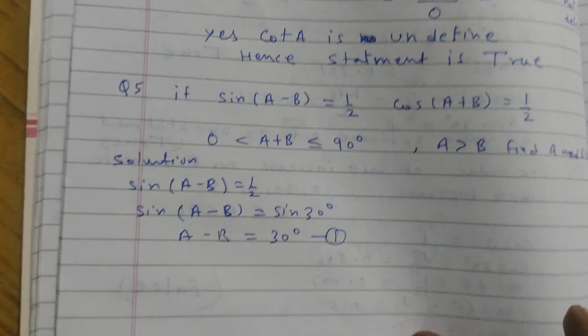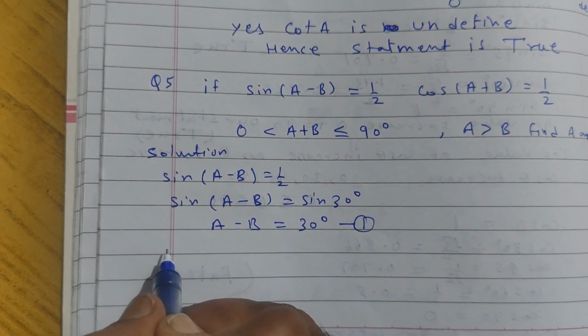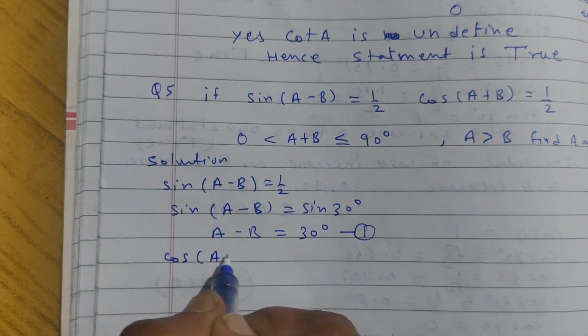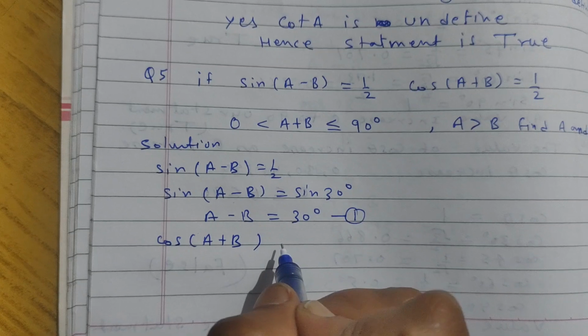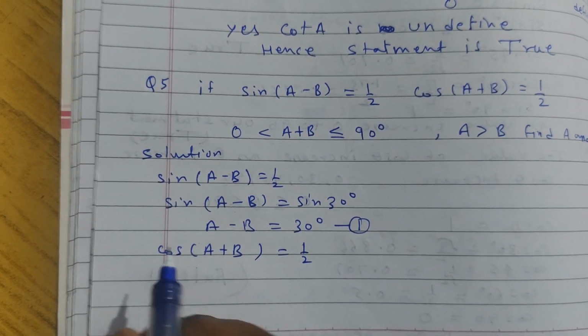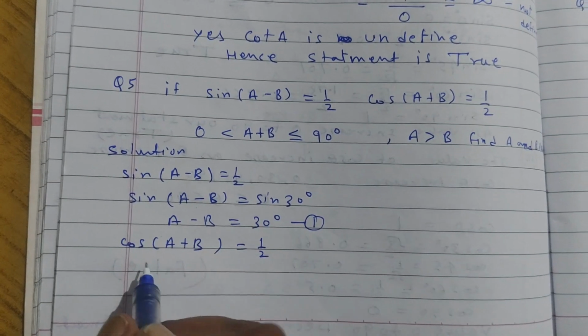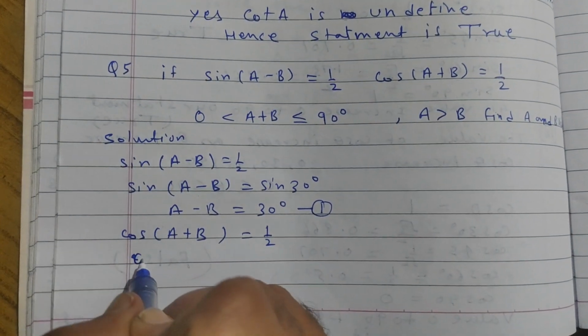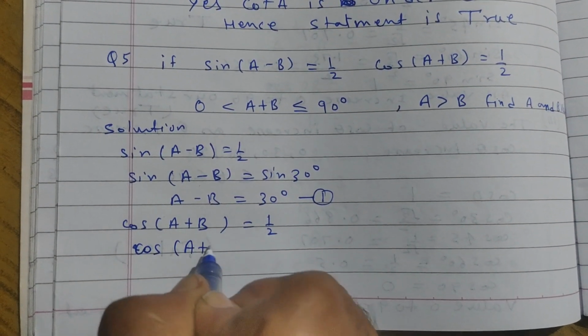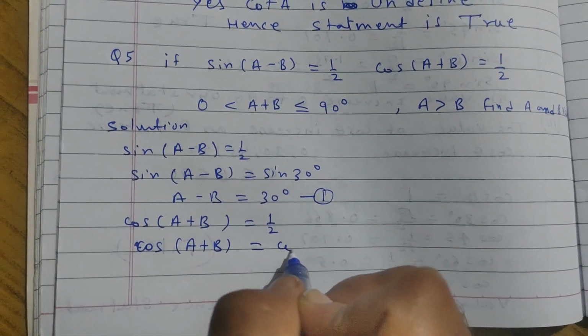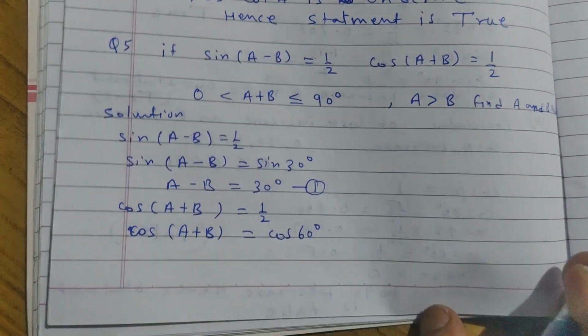Equation first. Second is that cos (A plus B) is equal to half. So here cos (A plus B) is equal to cos 60 degree.